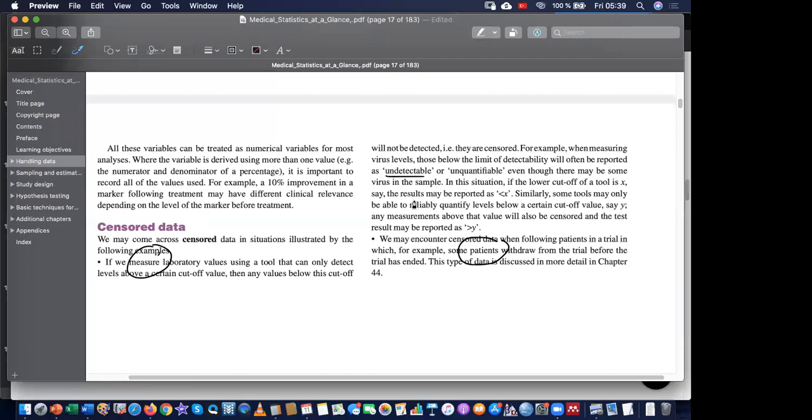Sometimes the laboratory cannot measure everything. Just imagine blood pressure. Very low blood pressures, like 5-10 millimeters of mercury, you cannot measure with a sphygmomanometer. Or also very high blood pressures, like 200, 240, 250.